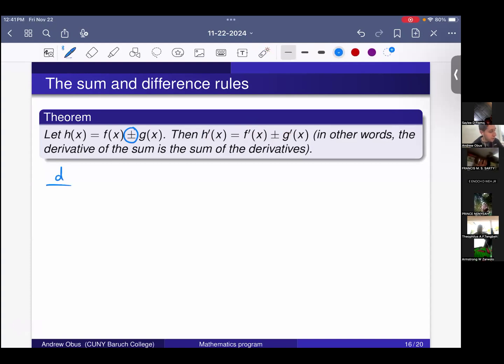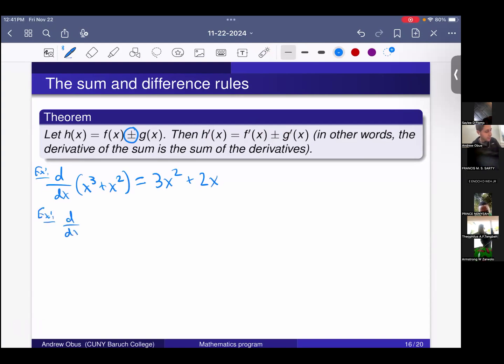So in other words, the derivative of the sum is the sum of the derivatives. An example of this would be something like d dx of x cubed plus x squared. If we have 2 things like this, then all that we have to do is take the derivative of each term and add them. So the x cubed would become 3x squared. The x squared would become 2x. And same thing with minus, right?